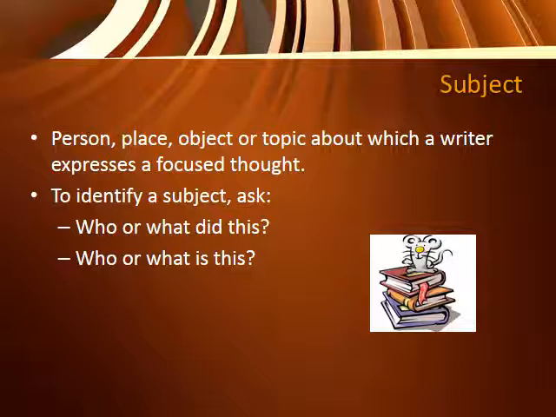Then we ask ourselves, who or what did this? Who or what did whatever the verb is in the sentence? What is this sentence about? And that's how you identify a subject. You always, always, always have to have a subject in the sentence.